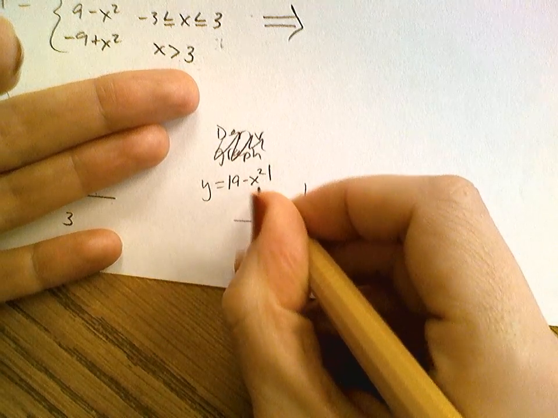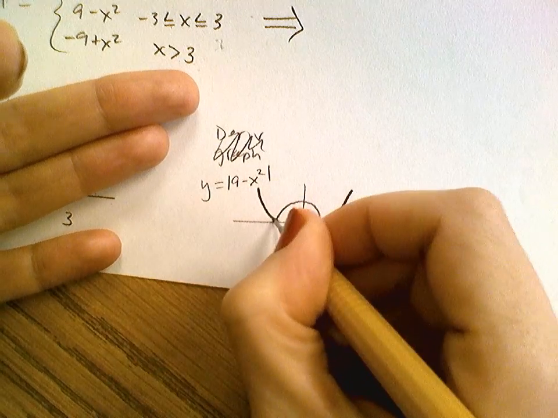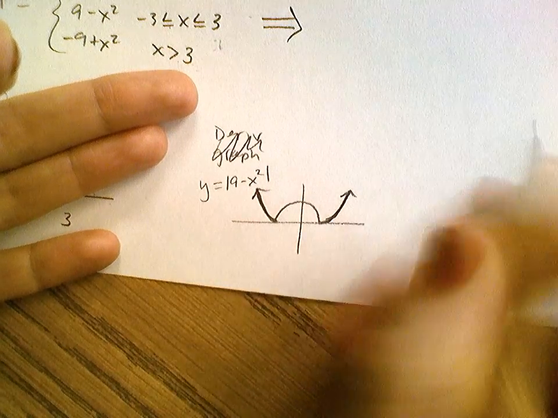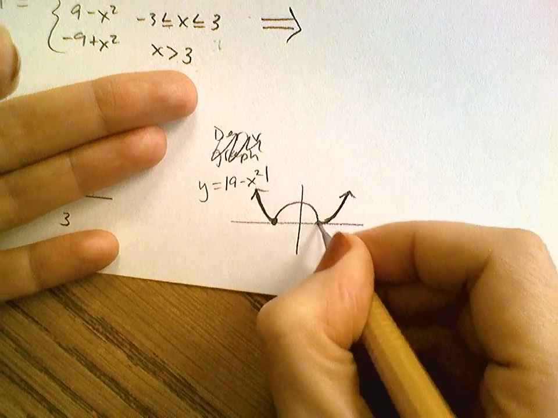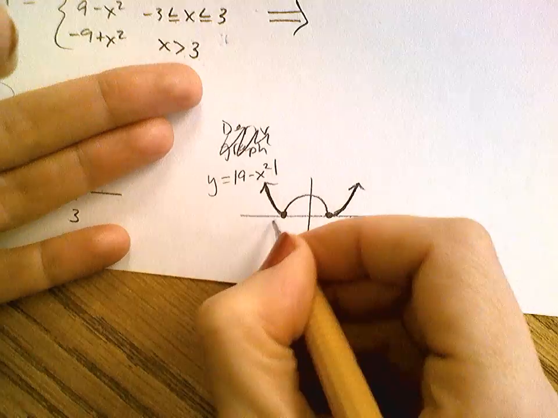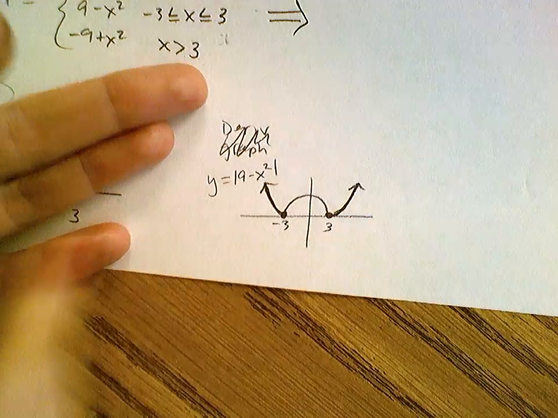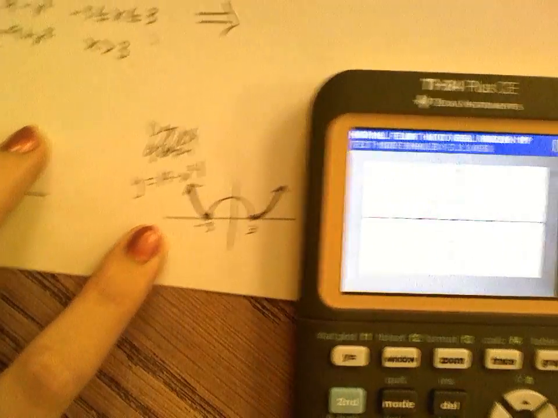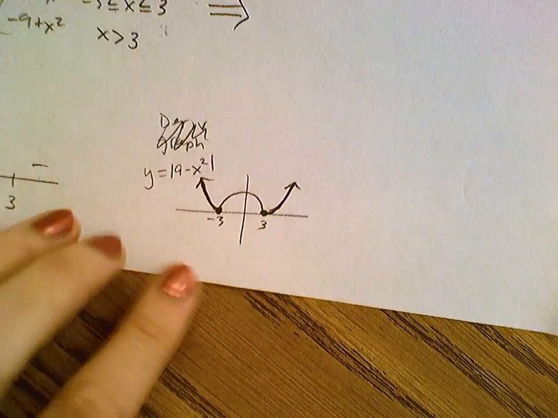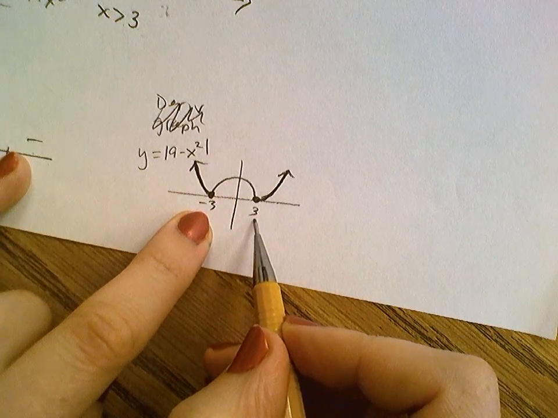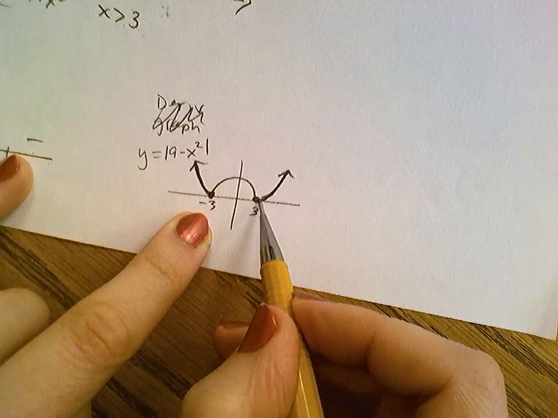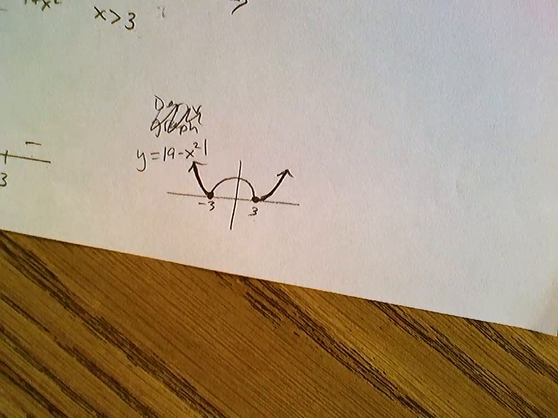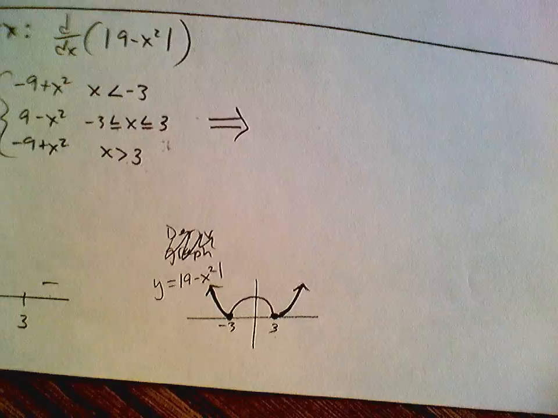Whoops, it looks awful. Looks like that. And guys, these are sharp corners. This is -3, this is 3. Those are sharp corners, and the derivative will not exist at these sharp corners. Any sharp corners, the derivative doesn't exist there. So I want to point that out first.